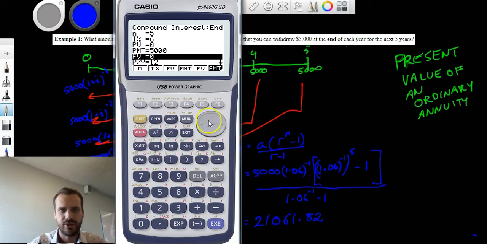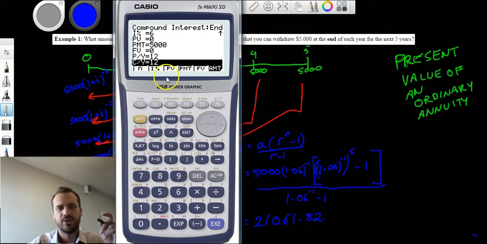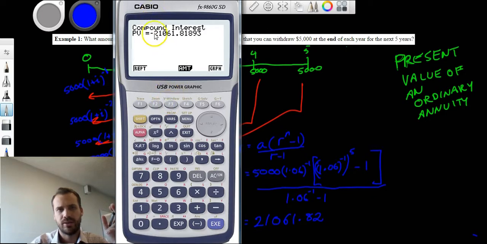The future value is just going to be 0. This question's a bit different to most of the ones you've done, though, because there's only one payment per year, and the compounding period per year is only 1. Click the present value button, and you can see we get negative 21,061, but that's because it wanted me to put in the payments as negative. You get the general idea, though.